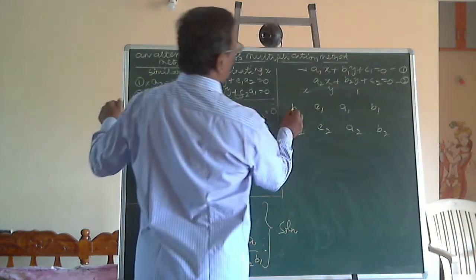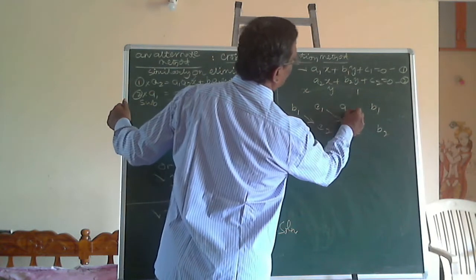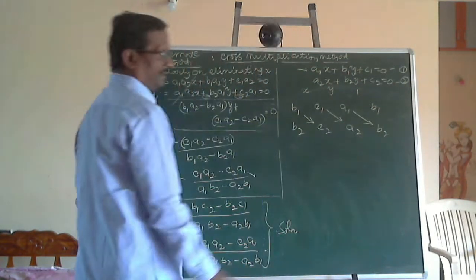Now, b1 c2 is the main diagonal, c1 a2 is the main diagonal, a1 b2 is the main diagonal.